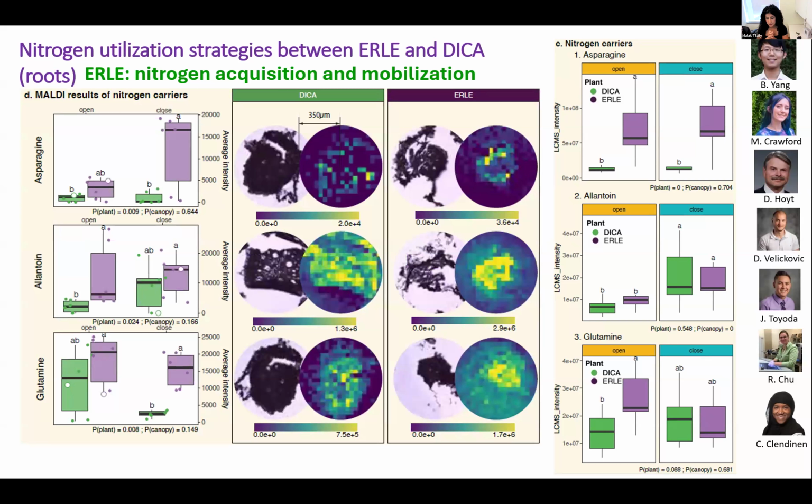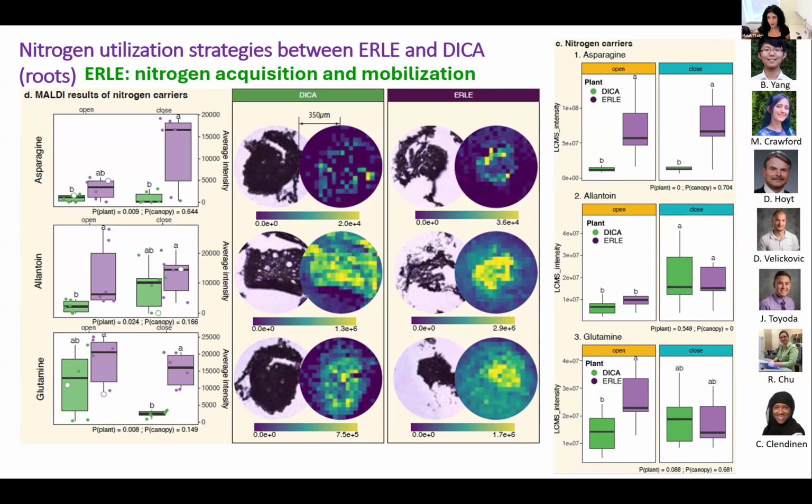Here I am showing the MALDI imaging of these same 3 compounds. On the left, I'm showing the abundance of these compounds from the MALDI mass spec. And on the far right, I'm showing the abundance of these compounds using the liquid chromatography mass spec. It was good to see nice consistency between those 2 completely different approaches. Sample prep is completely different.